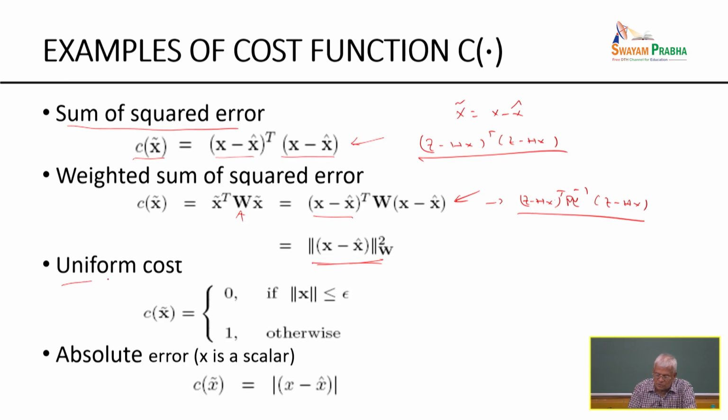Then there is another choice which is called the uniform cost. What does it mean? The cost function is like this. If x tilde, sorry, if the norm of the error x tilde is less than or equal to epsilon, lies in the range minus epsilon to plus epsilon, the cost is 0.